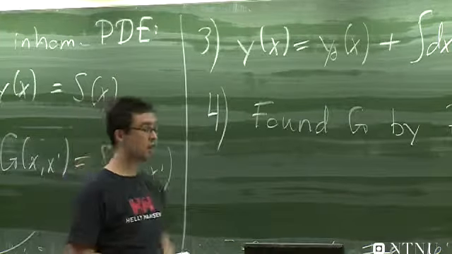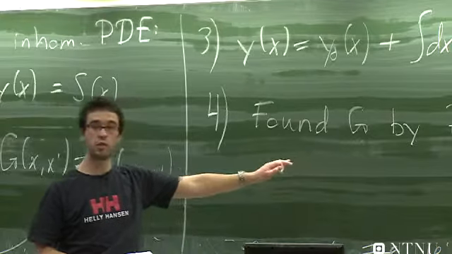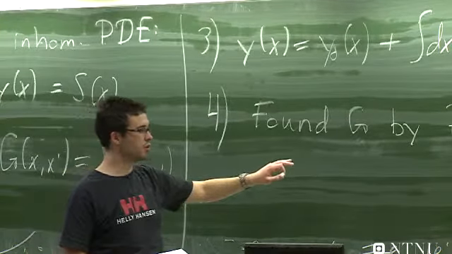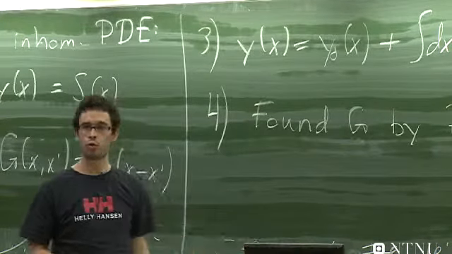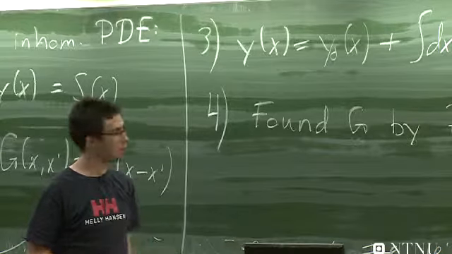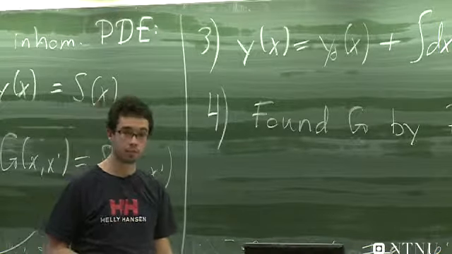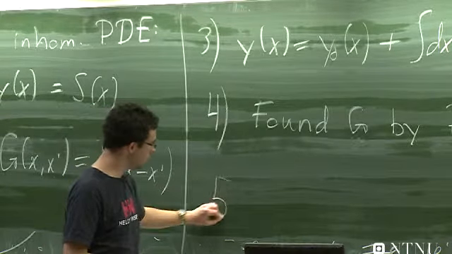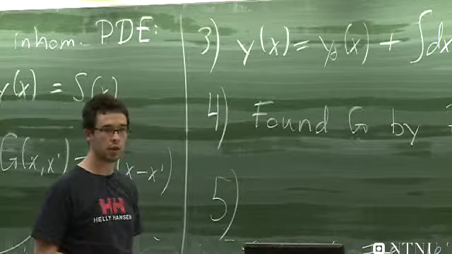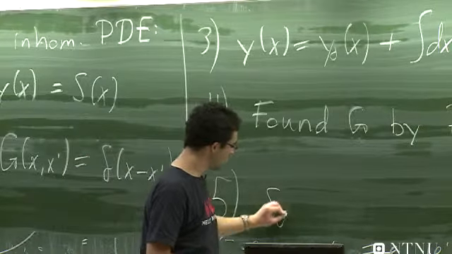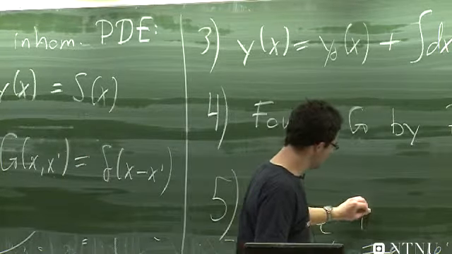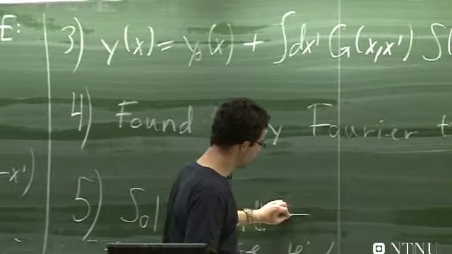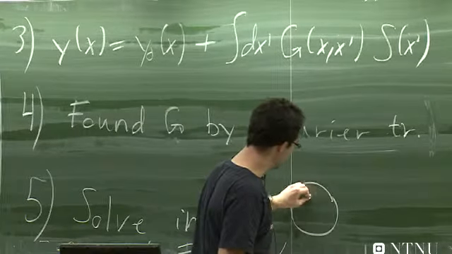And this is a neat trick in general. It's not just Green's functions. If you have a partial differential equation, you might want to try just Fourier transforming it, and then that might be much easier than solving it in real space. And finally, we just solve the integral for all the s's we want. So we solve the integral, and we're happy.